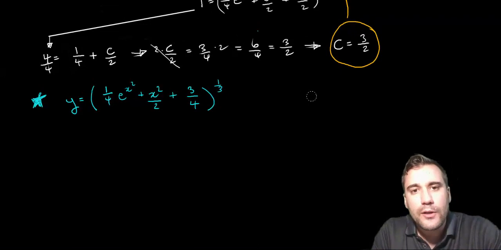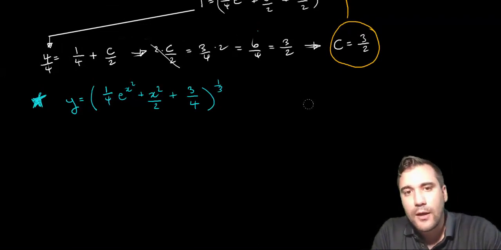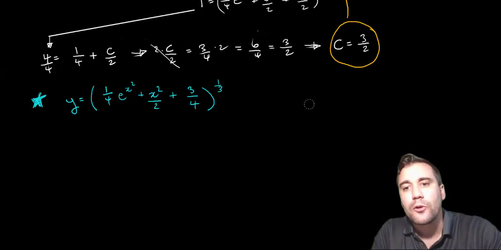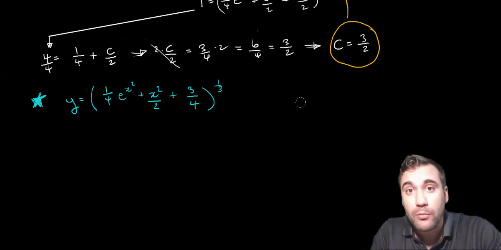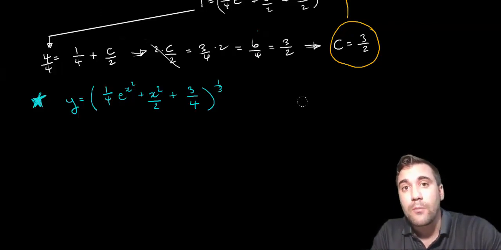So hopefully you followed everything that we did in that video, and I really hope it's been useful for you. It is a useful tool. There are some cases where the differential equations are not separable, and I'll do a worked example of one of those in the next video.